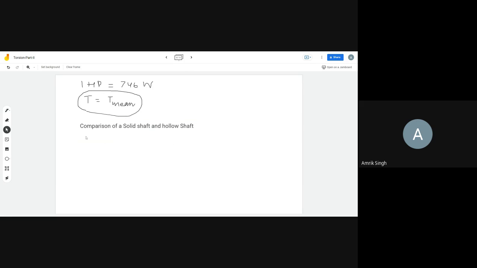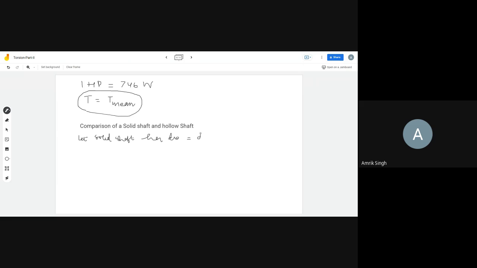Let us consider first the solid shaft diameter as equal to ds.